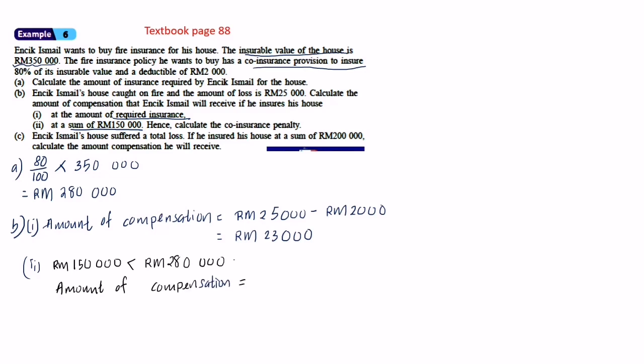To calculate the amount of compensation, follow this formula. The amount insured by Ismail, 150,000, must be divided by the sum required by the insurance company, which is 280,000.